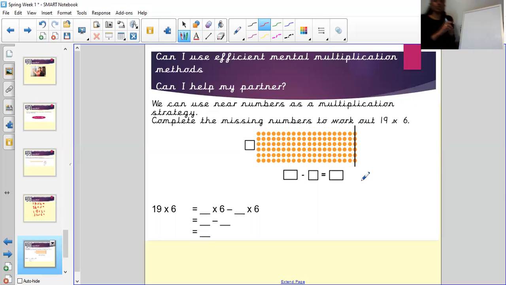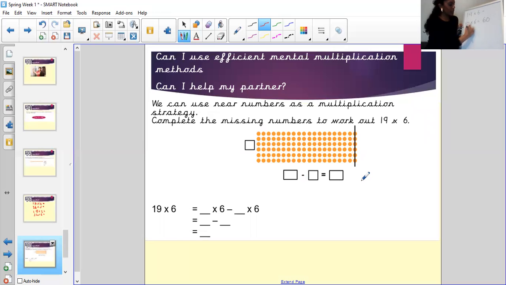Okay, so we could just use the method that we just worked out, which was 19 times 6. So I could do 10 times 6, which equals 60, because there's 1 10 in 19.